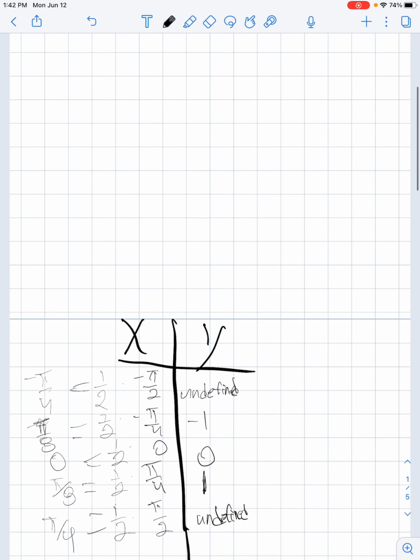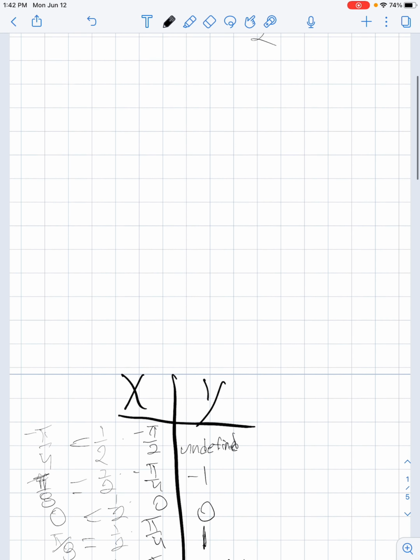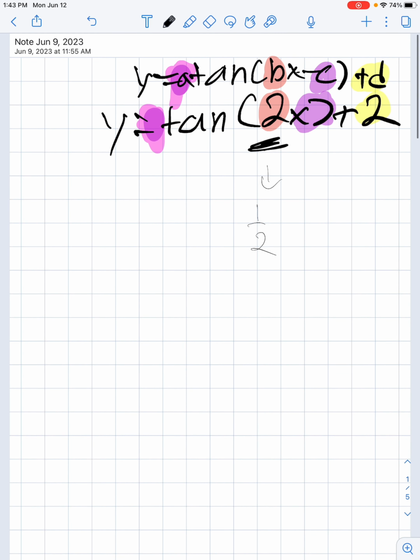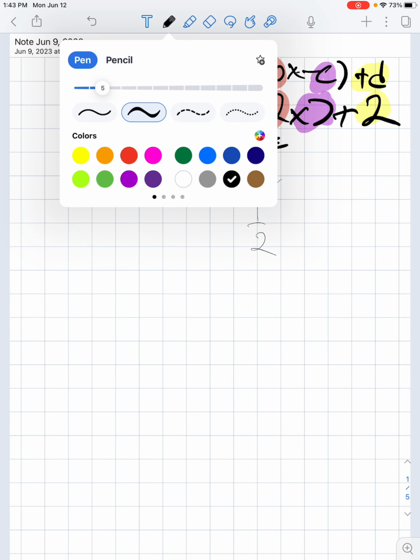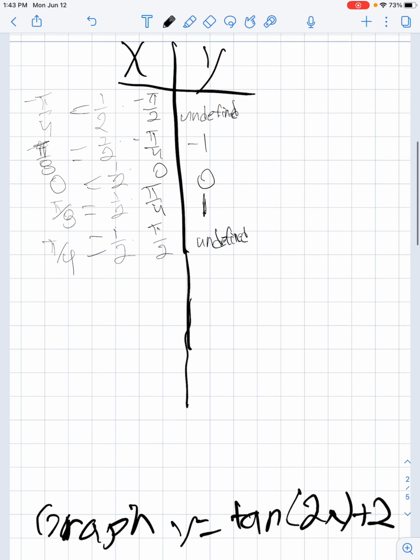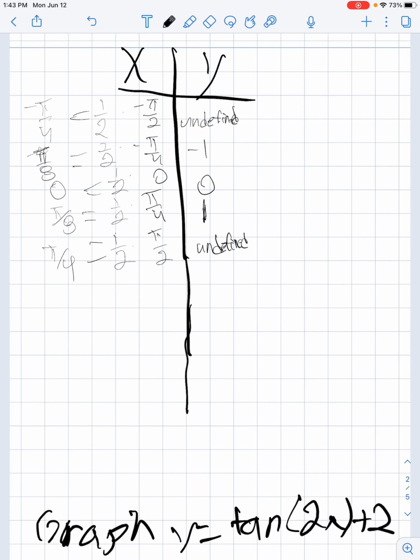But to put this in the right spots, we need to find the y. And the y is just to add d. And d would be plus 2 to every single point. So plus 2 here, plus 2 here, plus 2 here, plus 2 here, plus 2 here. But if it's undefined, it would still be undefined.